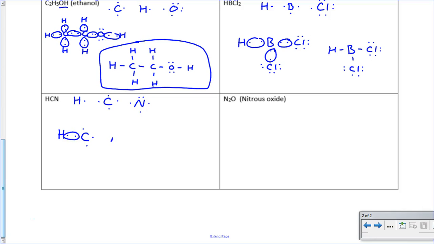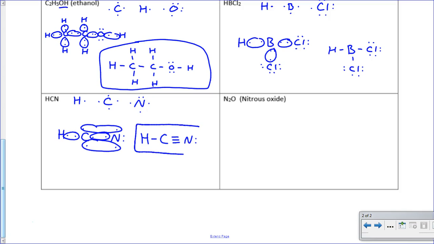All right, and then the nitrogen, which wants to make 3 bonds, is actually going to end up triple bonding to this carbon, so that they end up having octets. So when we have H bonded to C, which is triple bonded to the N, and then there's another pair of electrons out there. And that's what we end up getting.